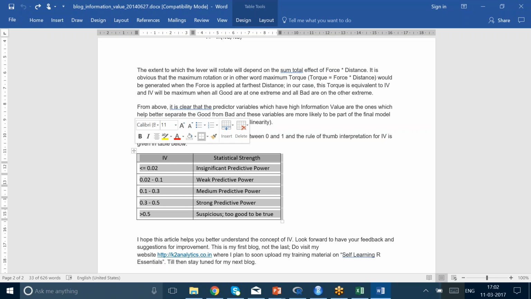So probably they may come in the model. 0.1 to 0.3 is medium predictive power, which means they can contribute to the overall model.